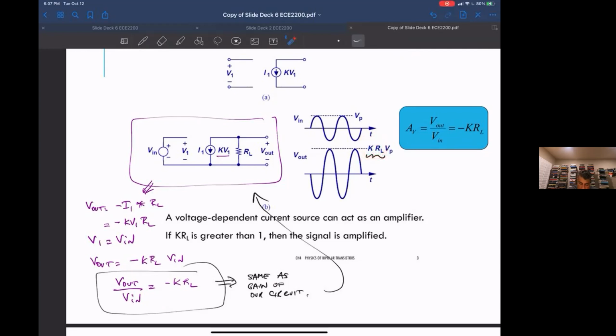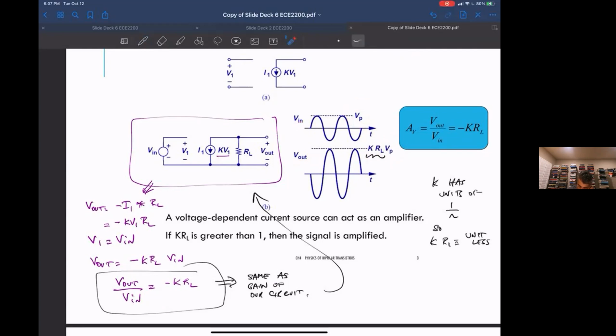Remember, K has units of 1 over ohm, so K times R sub L is unitless. So it's just a value. V out would just be some value times Vp, which is the peak value of Vin.